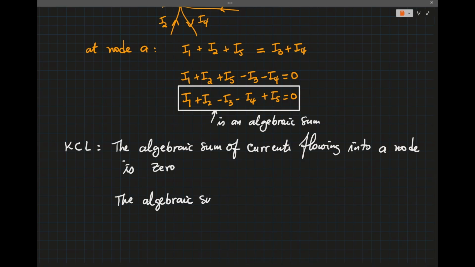Equivalently, we can write that the algebraic sum of current flowing out of a node is 0.